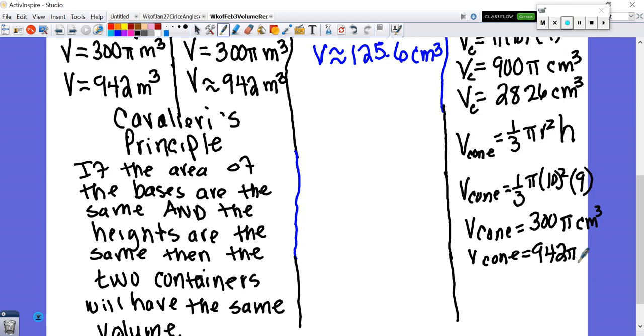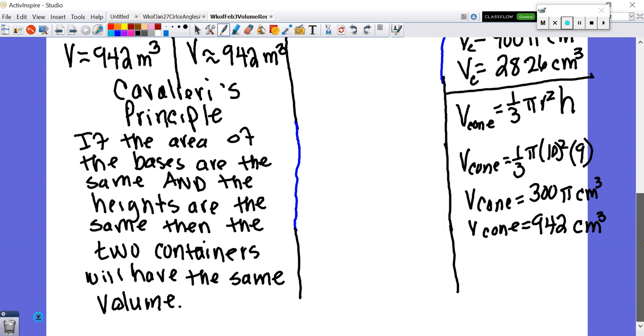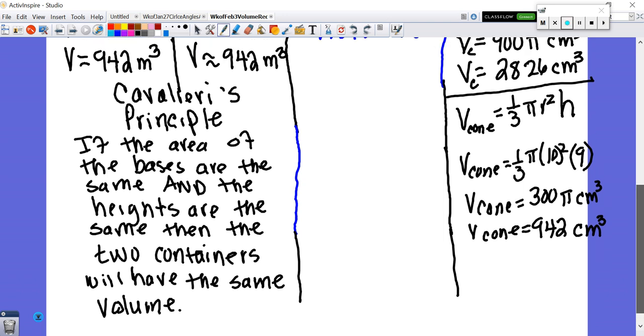I mean, not pi, sorry, I already did pi in there. This is my approximate answer, centimeters cubed. Okay, so here's the volume of the cylinder up here, and down here is the volume of the cone.